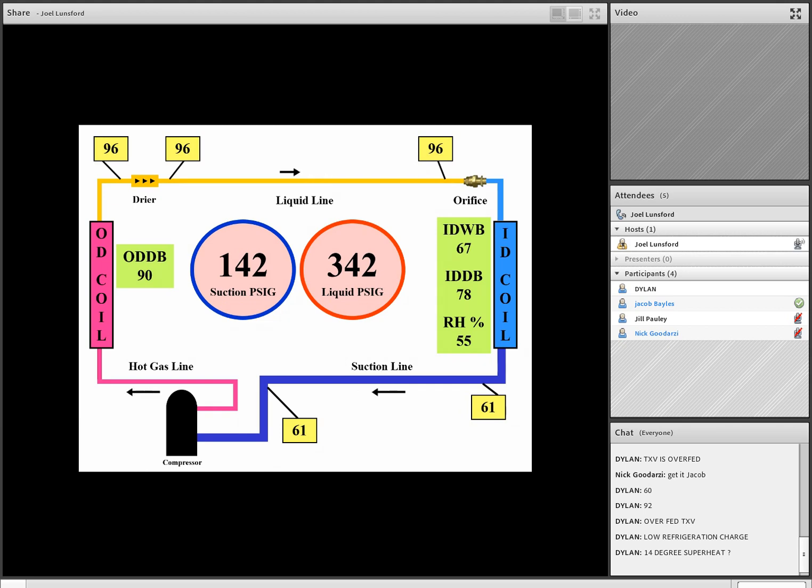If you take a look at your parameter sheet, that's fairly close to normal. And the liquid line, dryer, and suction line look about normal. So what's your diagnosis? Superheat about normal, suction pressure about normal, subcooling close to normal, head pressure about normal. What do you think's going on with this?